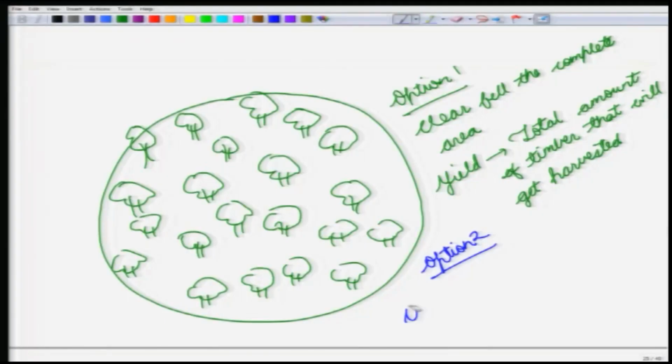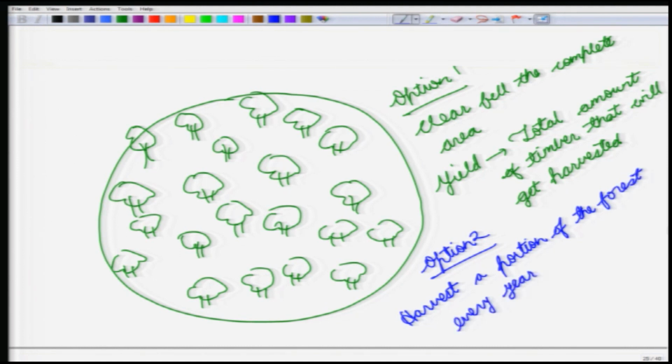So, option 2 is you harvest not the complete forest, but a portion of the forest every year, and the objective would be in a sustained manner. Now, what do we mean by a sustained manner?